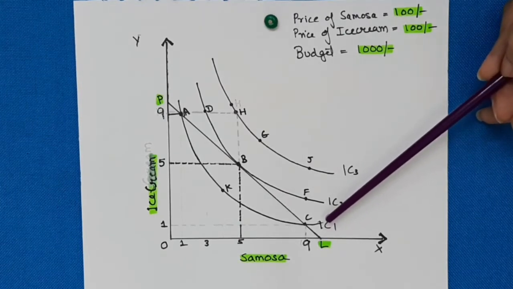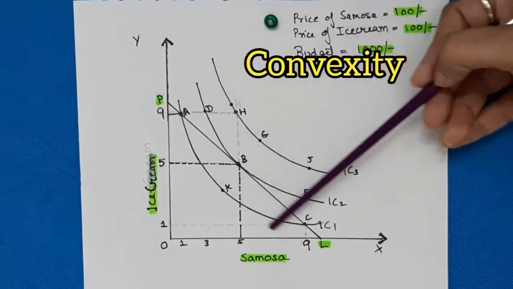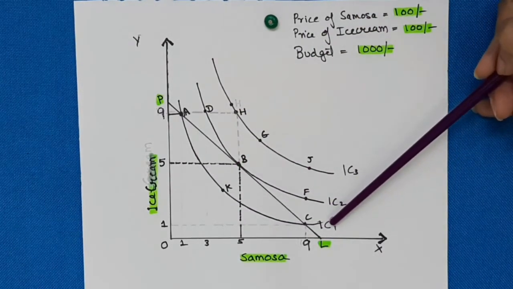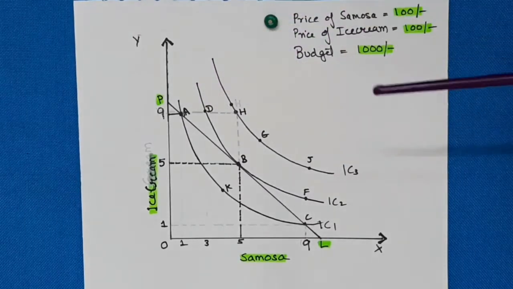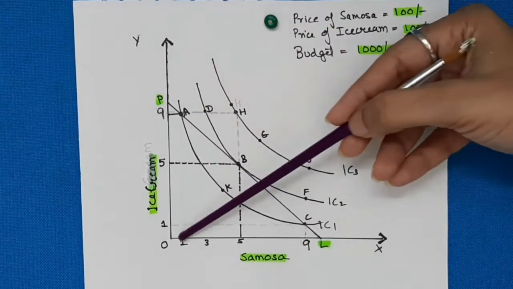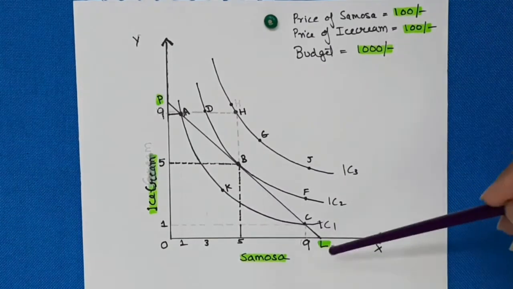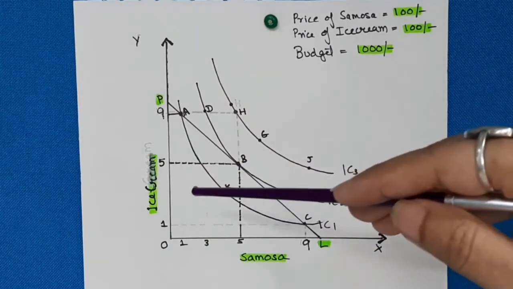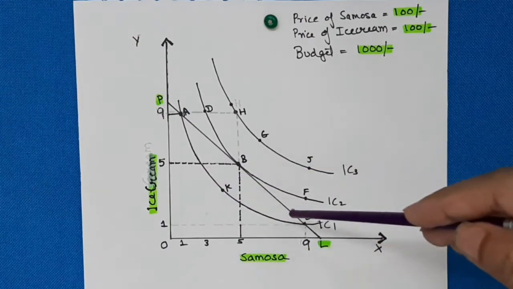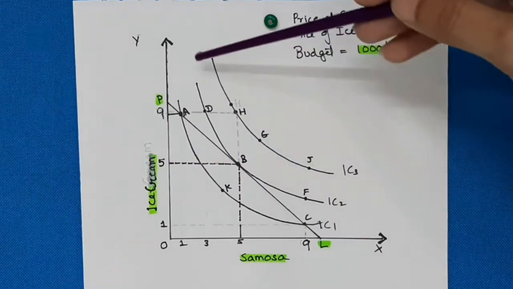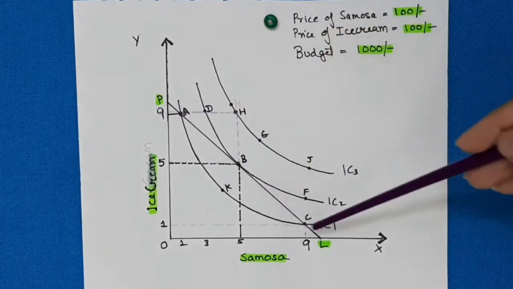The second thing you must be wondering is why it is convex to the origin. It is convex to the origin because of the law of diminishing marginal utility. Like I explained in part 1 of the video, if you have more of a good, you will have lesser and lesser marginal utility for that good. So it is very difficult for the consumer to substitute ice cream with samosas at the same ratio, because the law of diminishing marginal utility applies here.